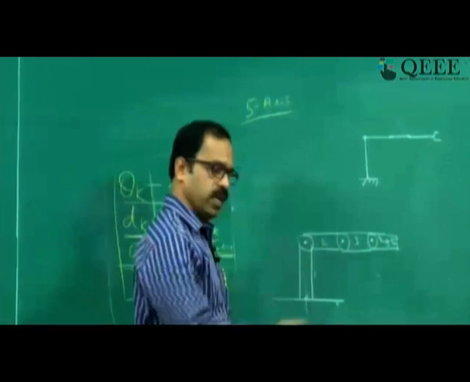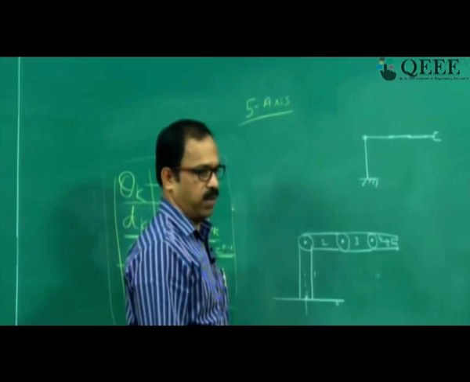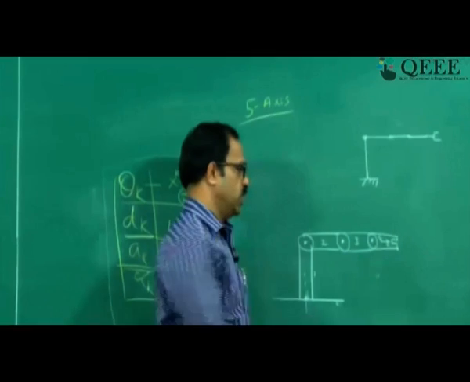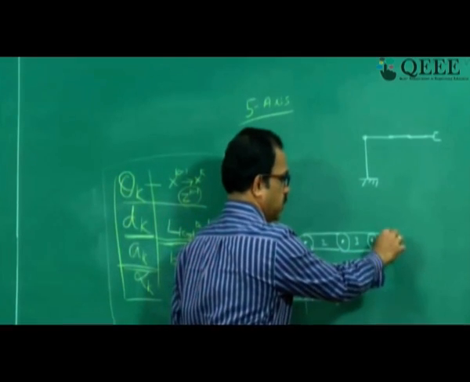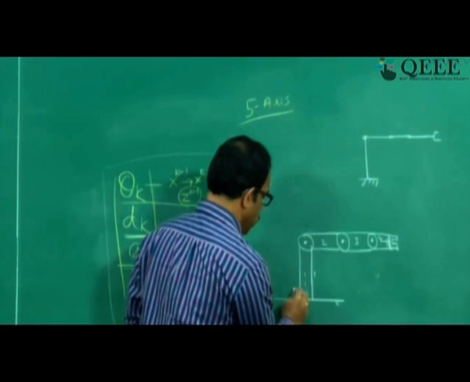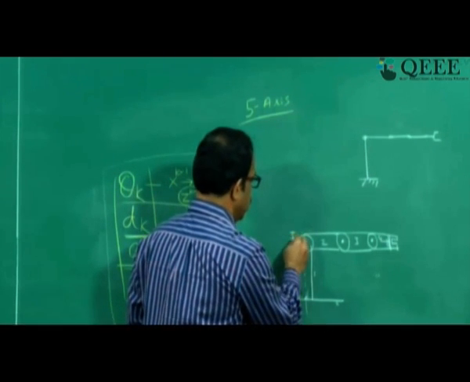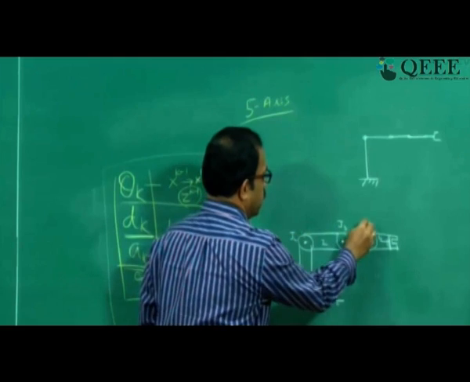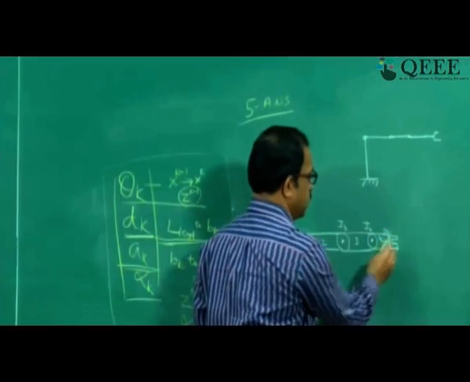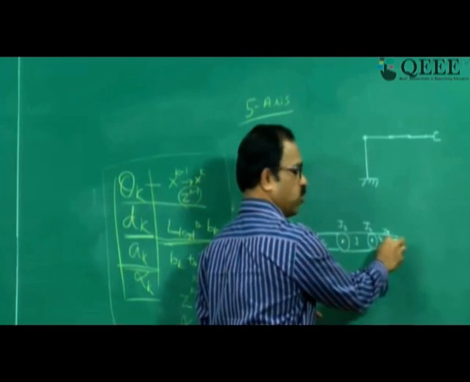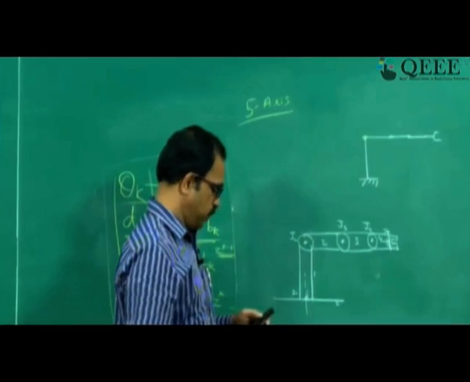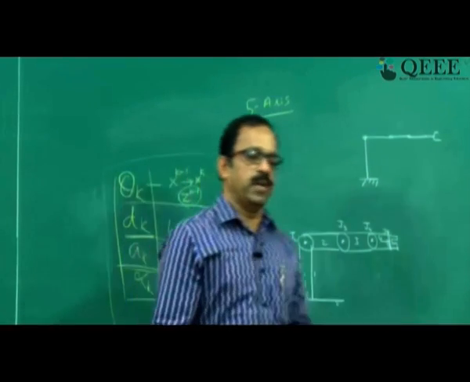The tool end will be the 5th one. And the joints are joint 1, joint 2, joint 3, joint 4, and joint 5 will be here because it's a roll axis. So that is the first step.